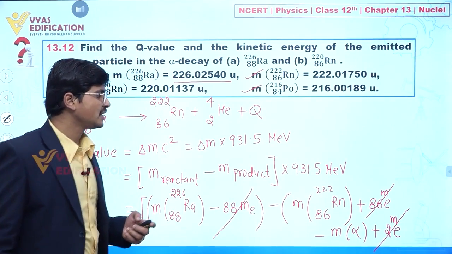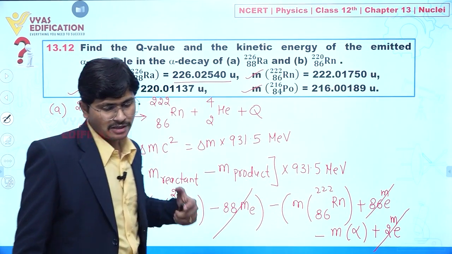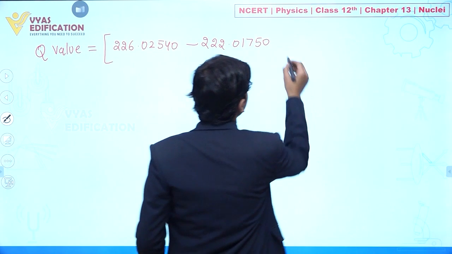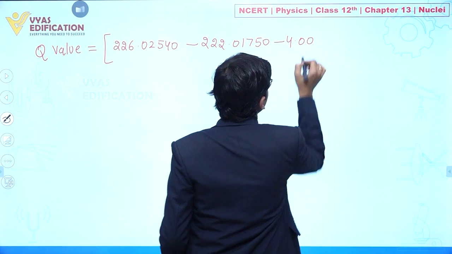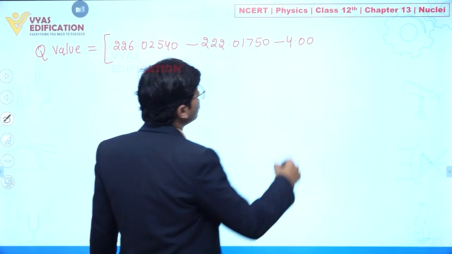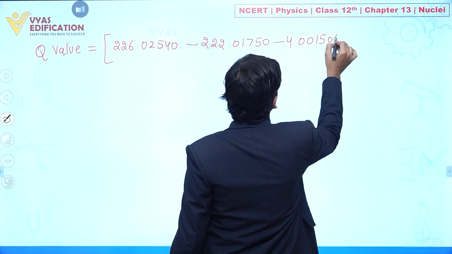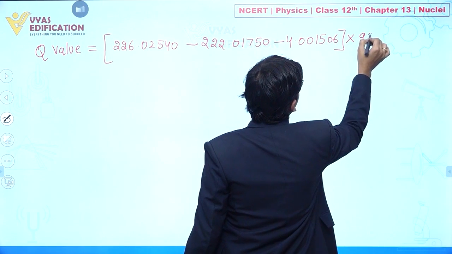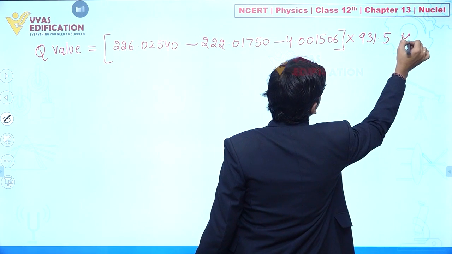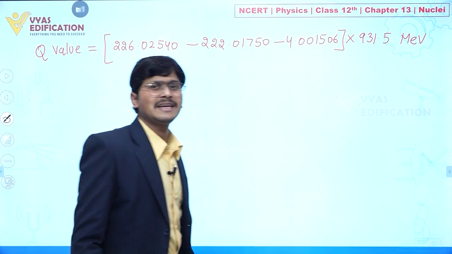Clear? Now what is the mass of an alpha particle? Definitely you know this is minus 4.001506. Clear? Now it is multiplied with 931.5, and definitely you will get your answer in million electron volt.